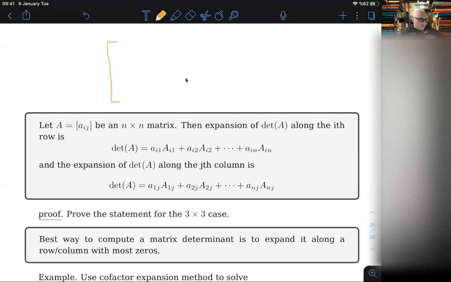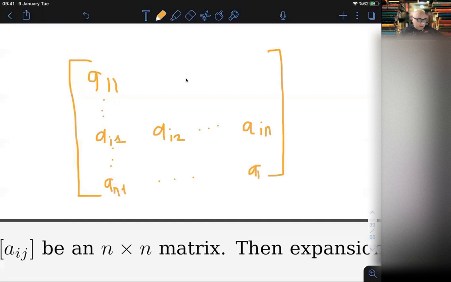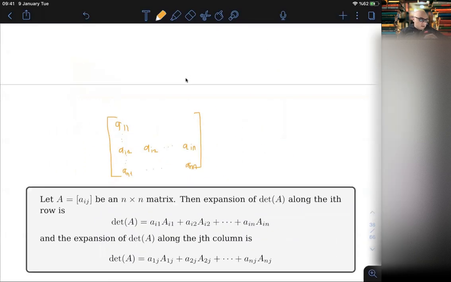So we have a matrix here, A11, and here we have the ith row, a i2, and a in. Okay, so we have such a matrix, with other entries here, and finally a nn.